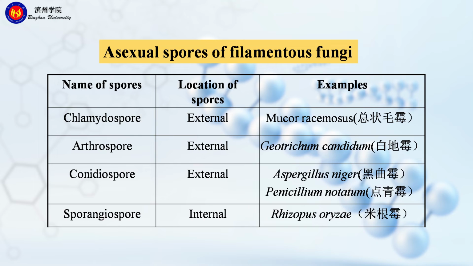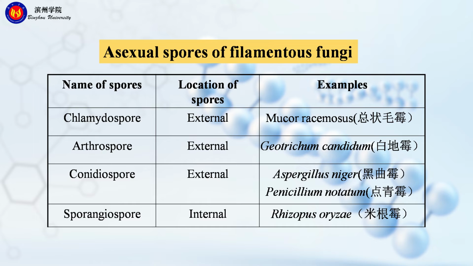Look at this table. It shows asexual spores of filamentous fungi and the representatives of each kind. You can see the first, chlamydospore. For example, Mucor belongs to chlamydospore.